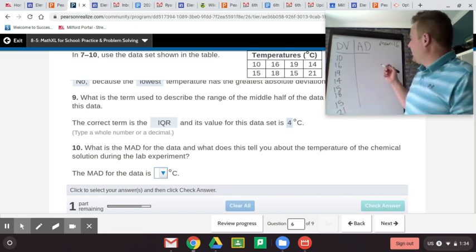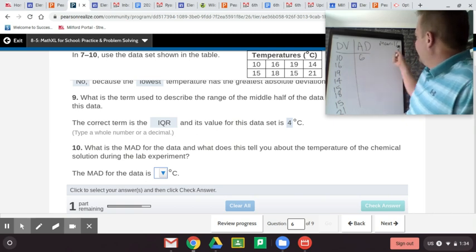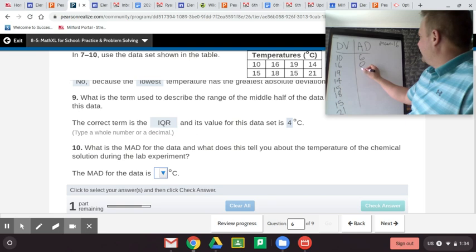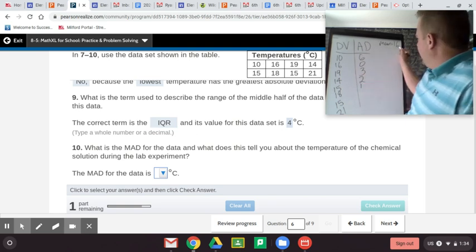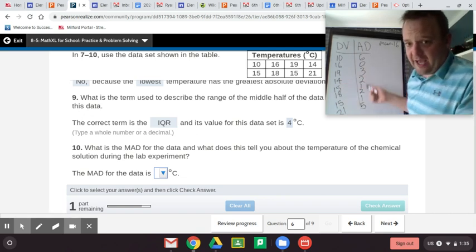I'm going to write all my data values down. And now, 16 is how far away from 10? That's 6. 16 is how far away from 16? 0. 16 is how far away from 19? That's 3. 2 away, 1 away, 2 away, 1 away, and 5 away. Now I have all the absolute deviations.